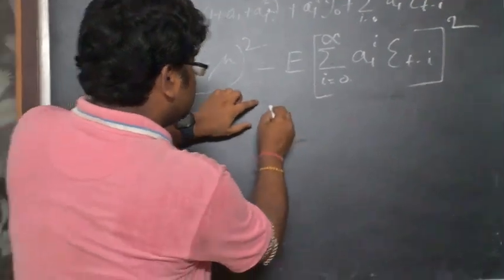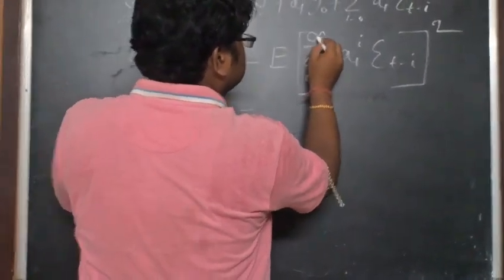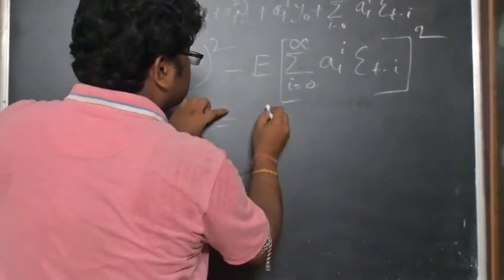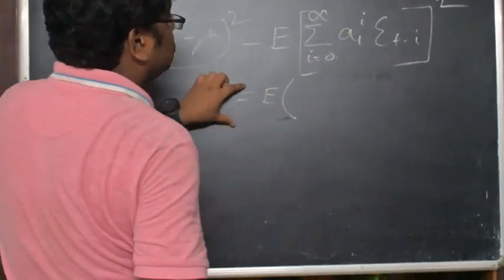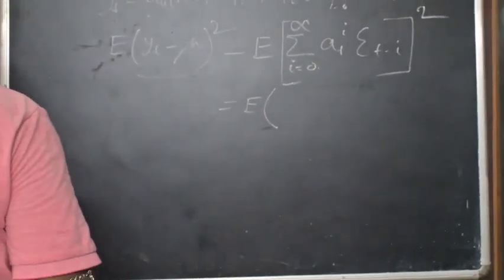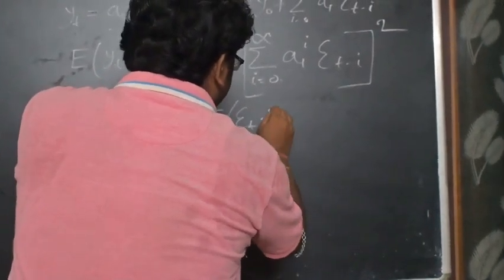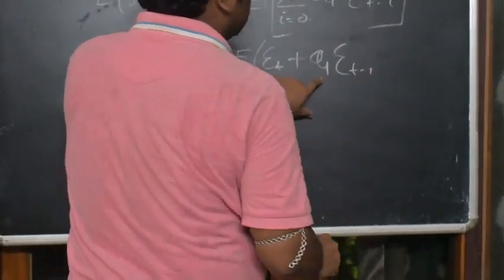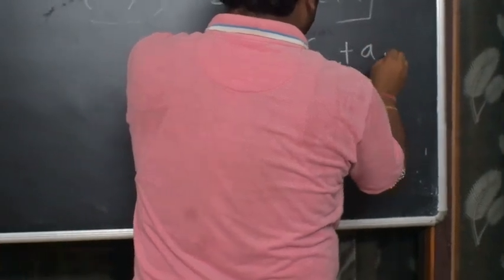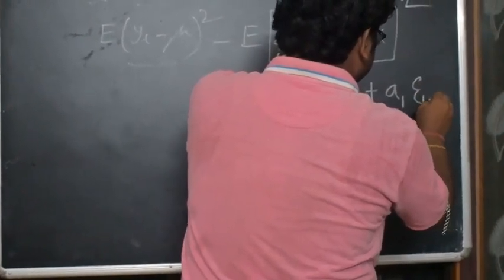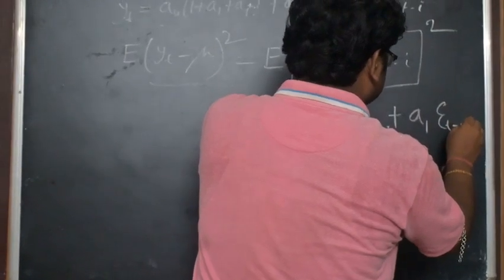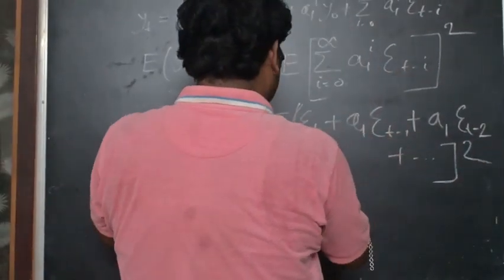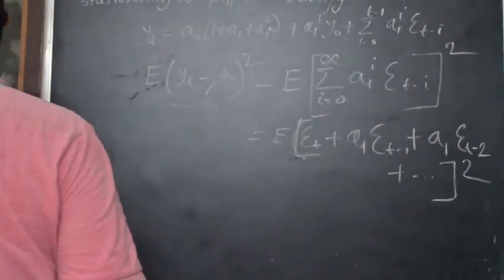Here t tends to infinity, so we put infinity here, and now the expectation of (epsilon t plus a1 epsilon t minus 1 plus a1 squared epsilon t minus 2 plus dot dot) whole square.